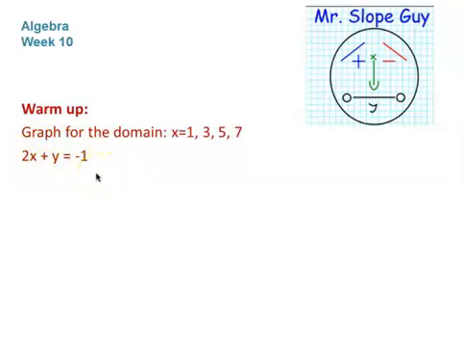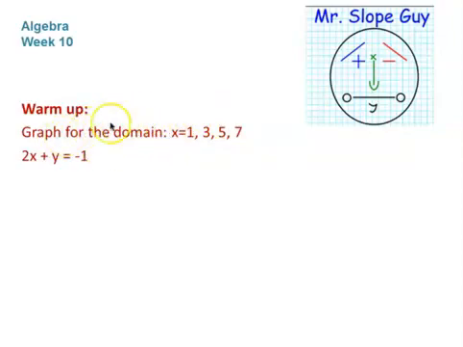So what do I mean? Let's take a look at this warm-up. It says graph for the domain when x equals 1, when x equals 3, when x equals 5, and when x equals 7. So we're given specific x values. And remember, our x values represent our domain.